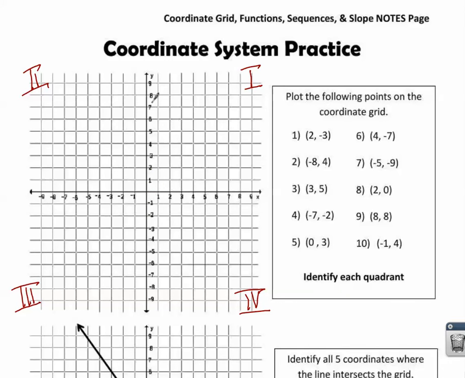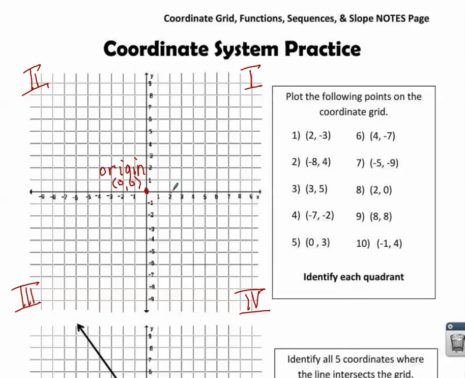Also, right here, where your number lines intersect, is at (0, 0), which is called the origin. Let's try plotting some of these points.